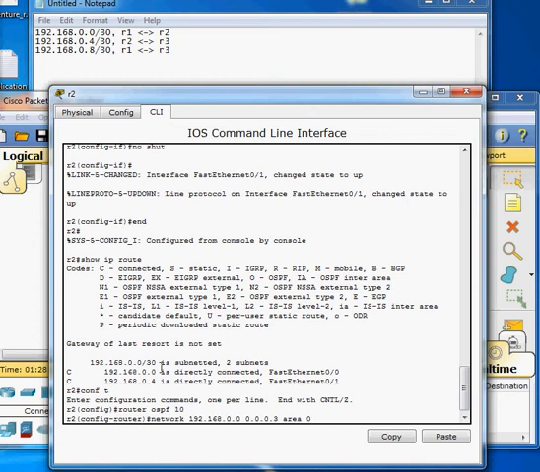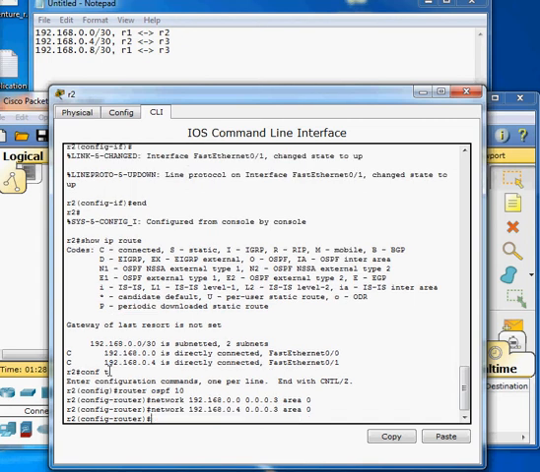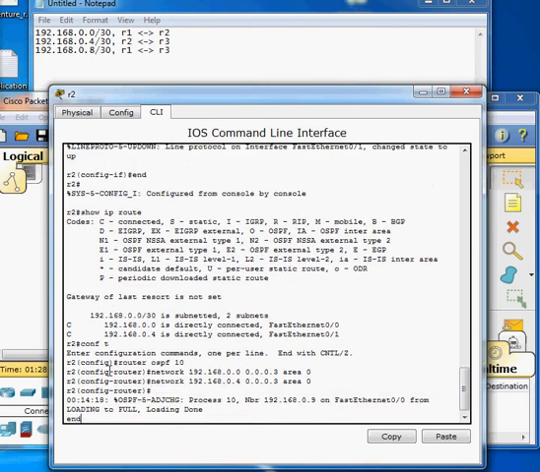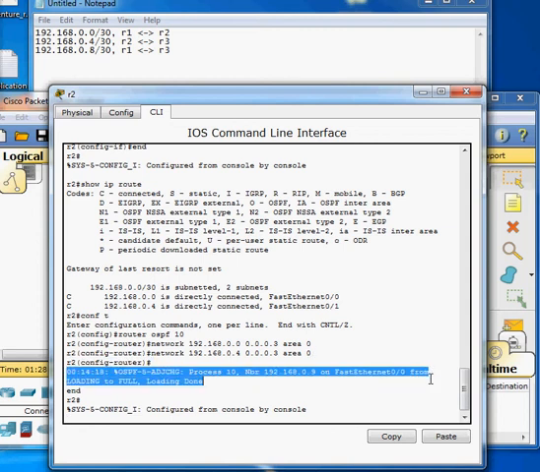So I'm going to advertise this one out first. Now I'm going to do the next one, which is 4. Okay, that one is done. So as you can see, a status message came up here. There's an adjacency that it formed. So OSPF is already starting to communicate. An adjacency is forming.